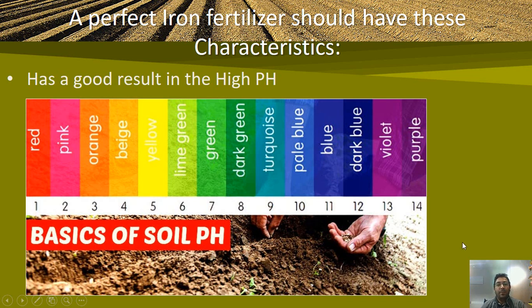If the pH is high, the absorption of the iron really decreases. A lot of iron fertilizers, I mean liquid and powder, have really low usage when the soil alkalinity becomes high.